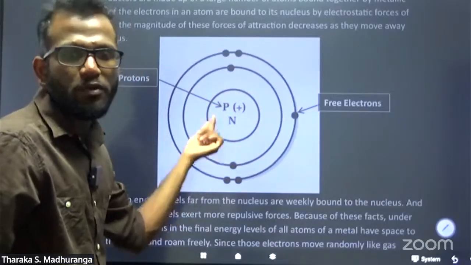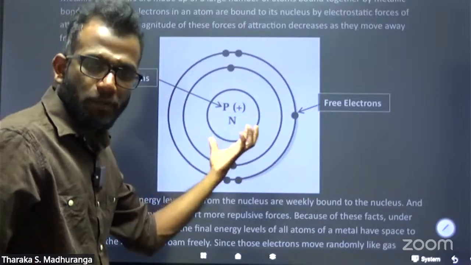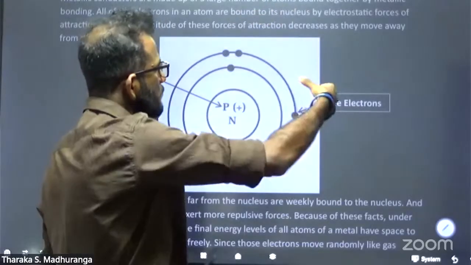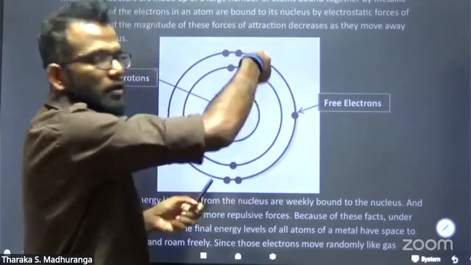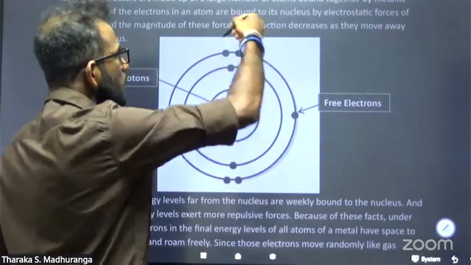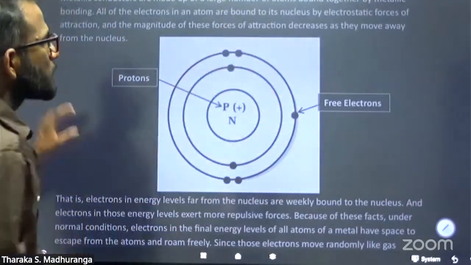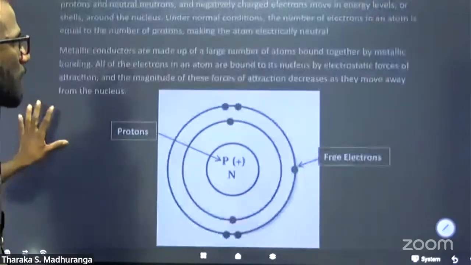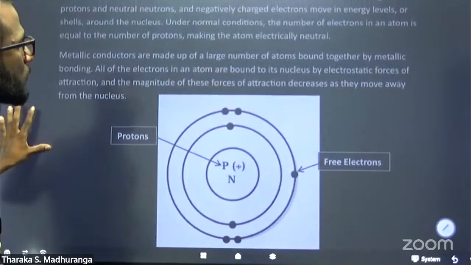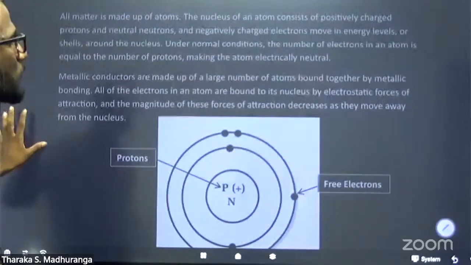Therefore, the overall nucleus is positively charged. Due to this attraction, the electrons are in energy levels. Their energy levels, you already know. The number of electrons and number of protons depend on the molecule type.